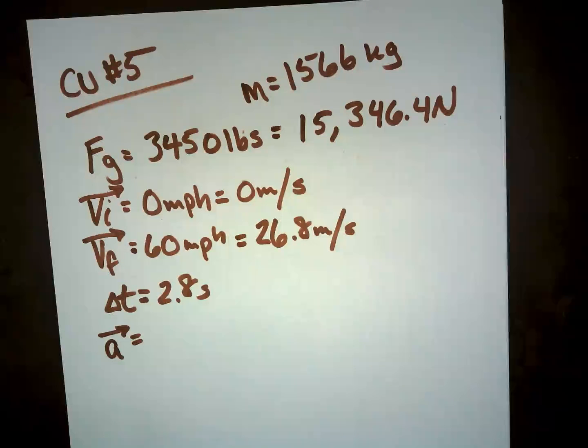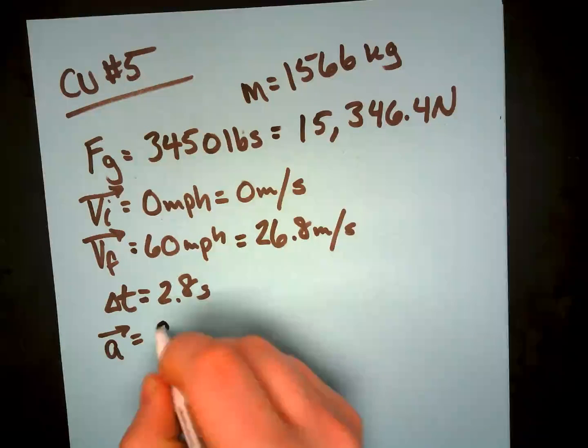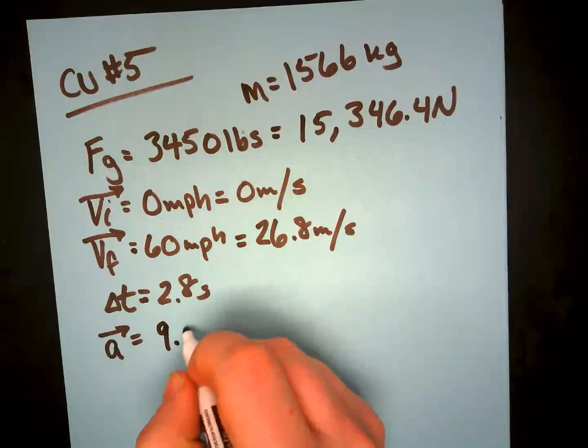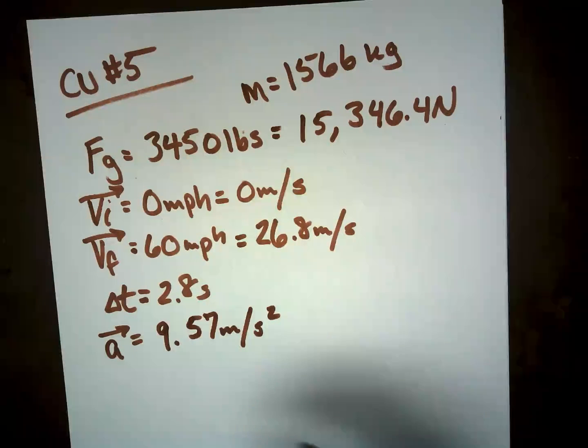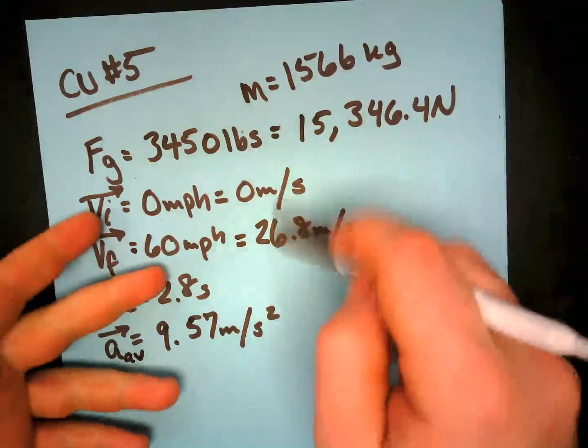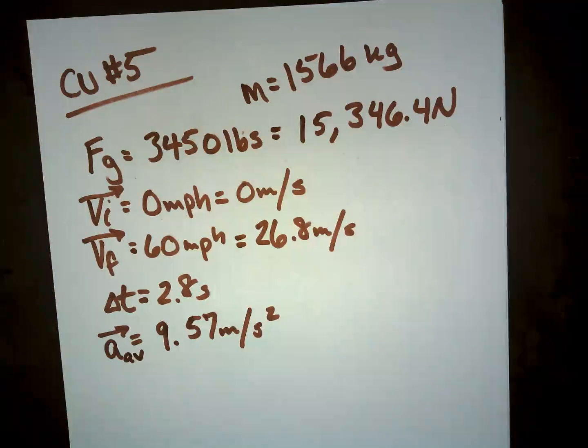Acceleration is going to be 26.8 minus 0 over 2.8, so acceleration is 9.57 meters per second squared. Remember, this is our average acceleration, so we're already working with averages here.